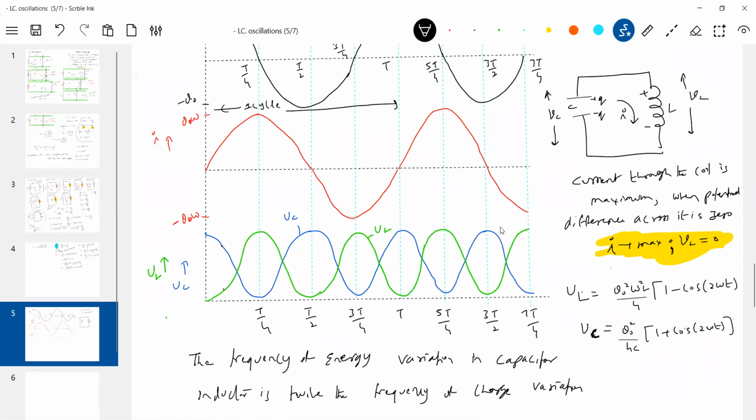The sum of UL and UC at any instant should be equal to Q naught square by 2C, the oscillation energy. That oscillation energy, how we supply it, either through capacitor or inductor or through both, is left to us.